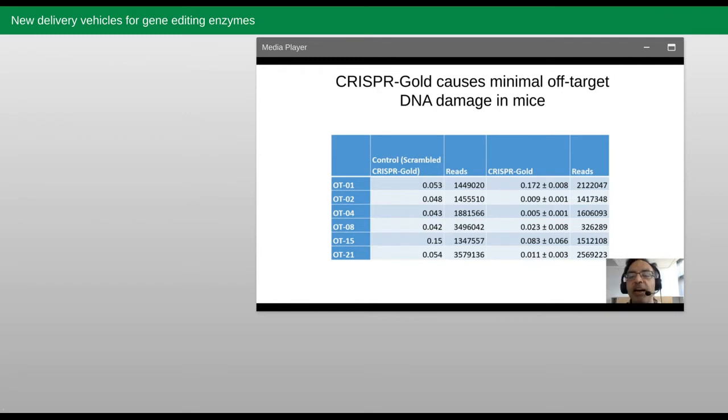The numbers under the table that says CRISPR Gold refer to the percent mutations. The highest off-target percent mutation was 0.17%, and everything else is below that. Most of these numbers, if not all, are at the level of deep sequencing error. So we can confidently say that CRISPR Gold is generating very low levels of off-target DNA damage.